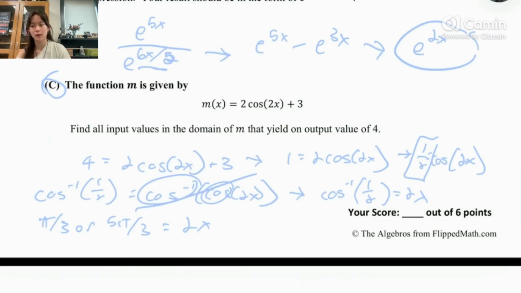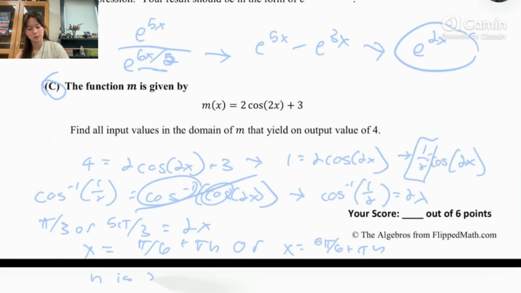So you divide that by 2, and that would get you a final answer of x equals pi over 6 plus pi n, or x equals 5 pi over 6 plus pi n. And make sure to know that that is when n is an integer.